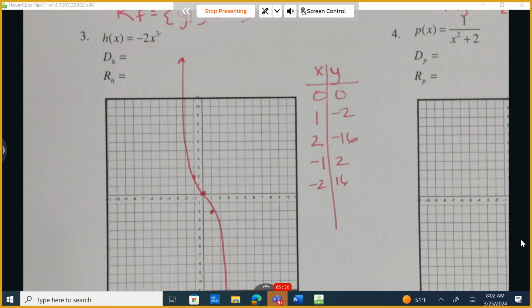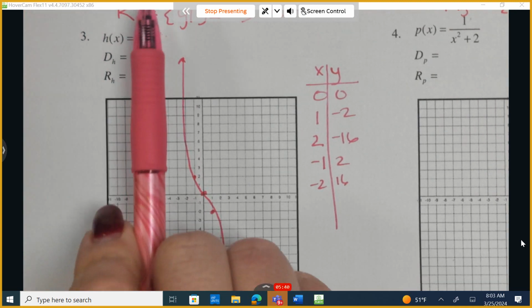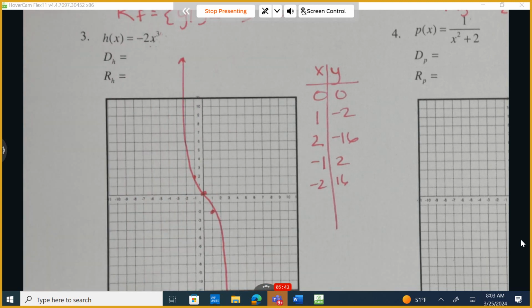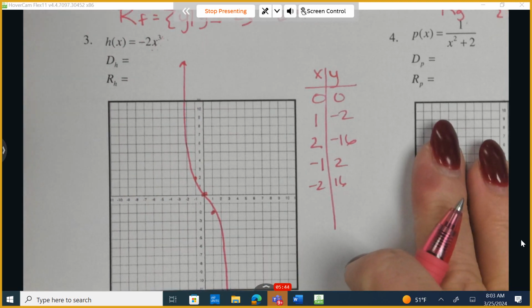I would like you right now, giving you a time constraint of 20 seconds, to show me 2 different ways to write the domain and the range of this function.